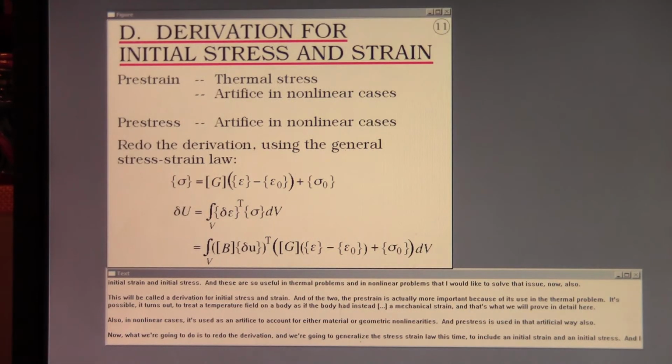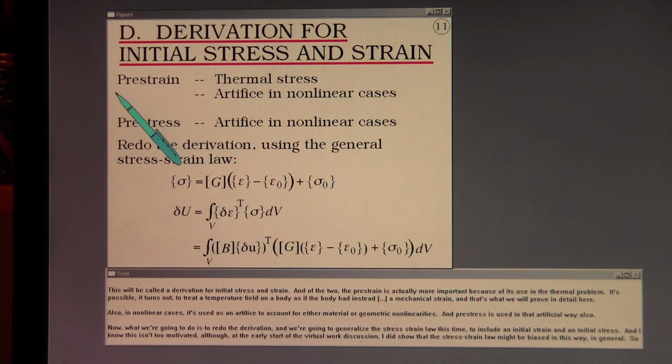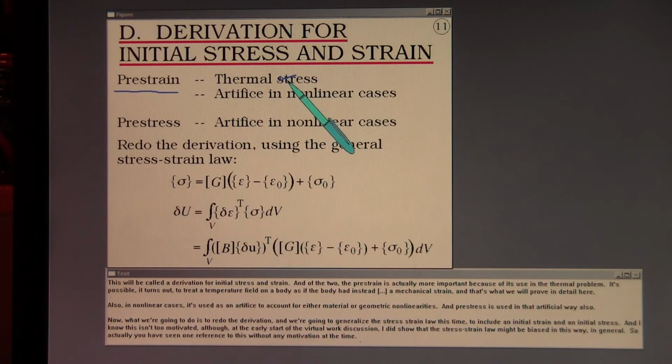This will be called a derivation for initial stress and strain. And of the two, the pre-strain is actually more important because of its use in the thermal problem. It's possible, it turns out, to treat a temperature field on a body as if the body had instead had a mechanical strain. And that's what we will prove in detail here.